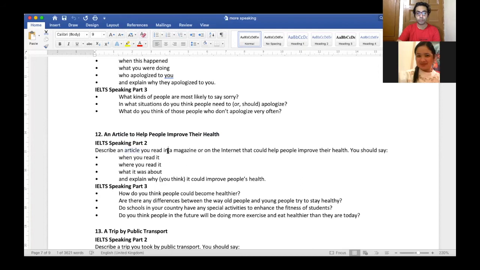Describe an article you read, in a magazine or on the internet, that could support common human beings or citizens to improve their fitness. You have to say when you read it, where you read it, what it was about, and why you think it could improve fitness standards of the society. You have a minute to think.